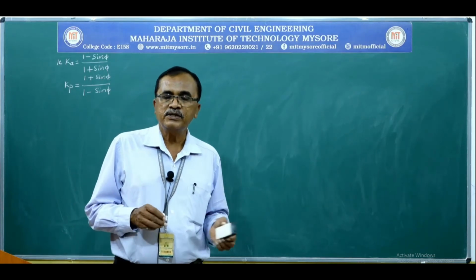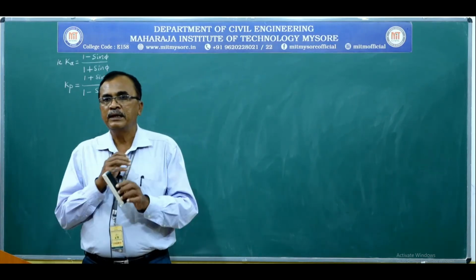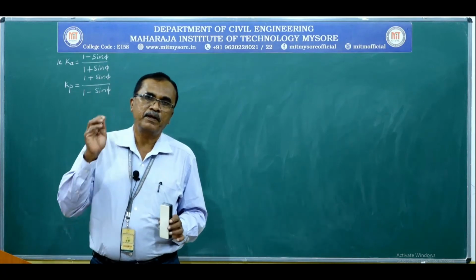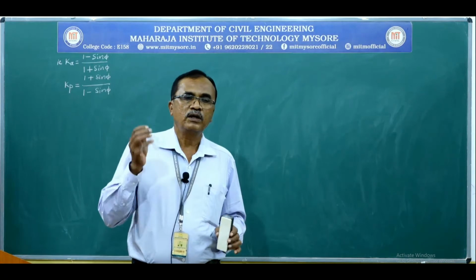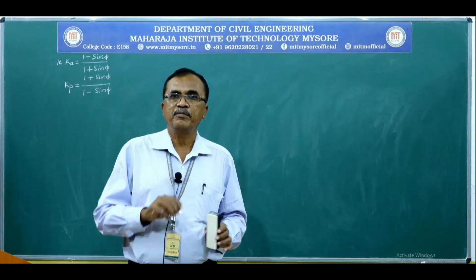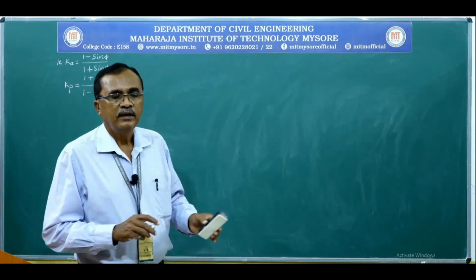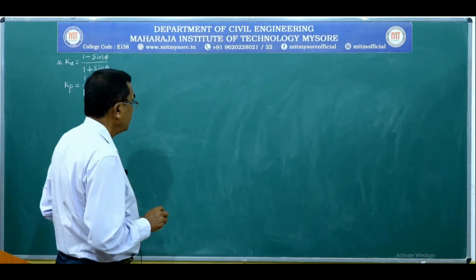For all those cases, we can analyze the active earth pressure, and how we can calculate the total active earth pressure, and their points of application can be analyzed precisely.